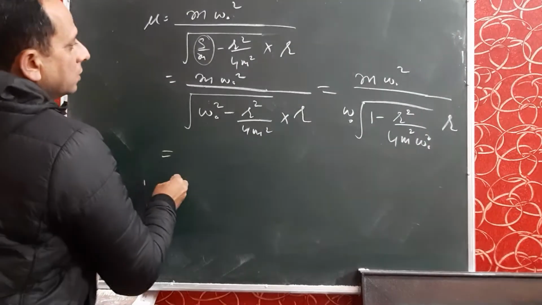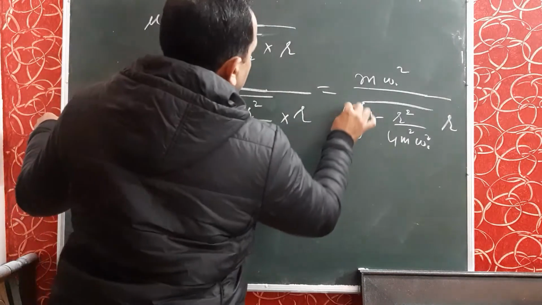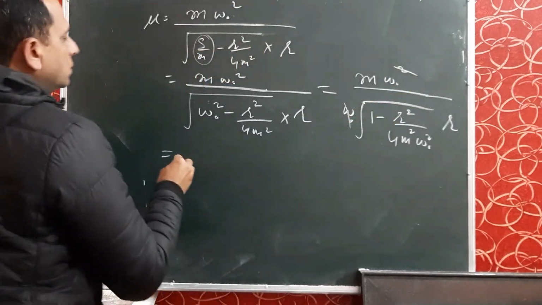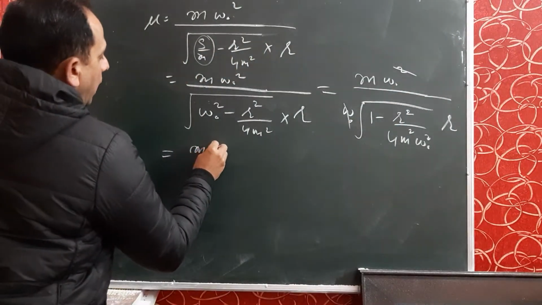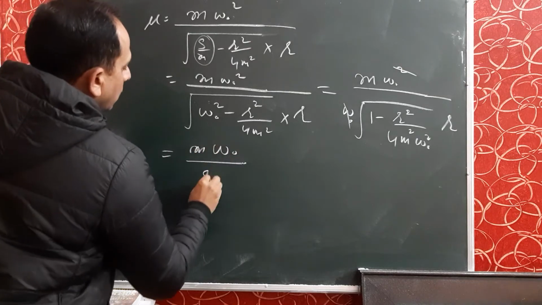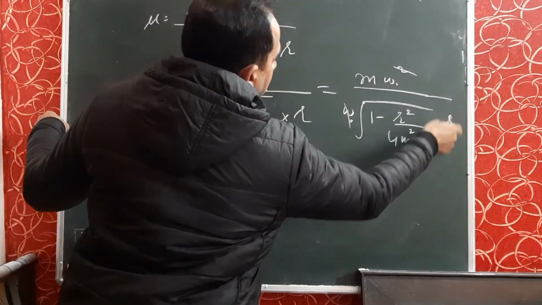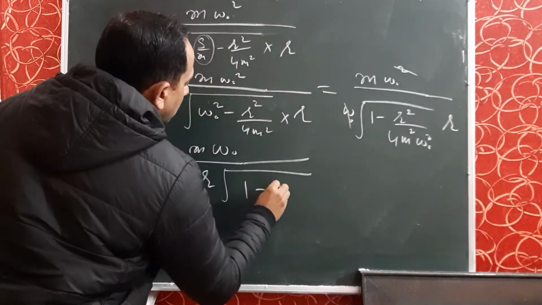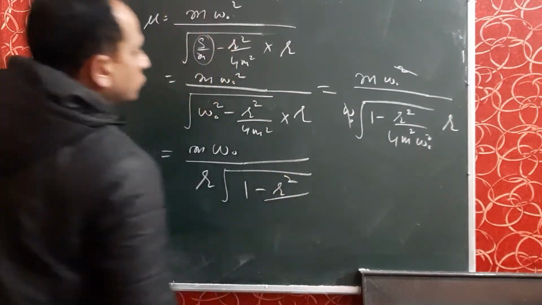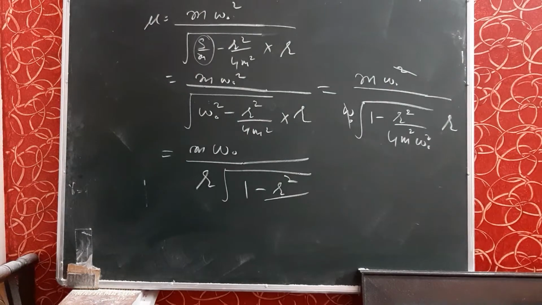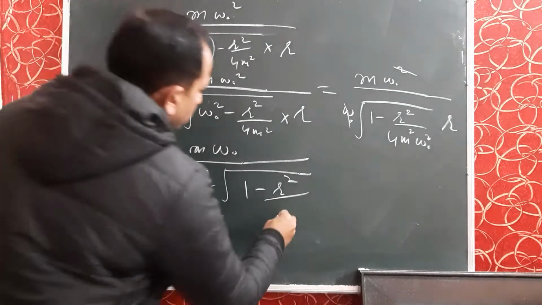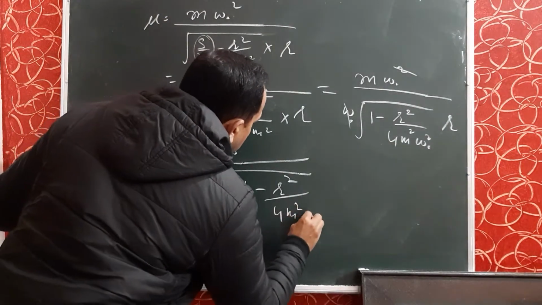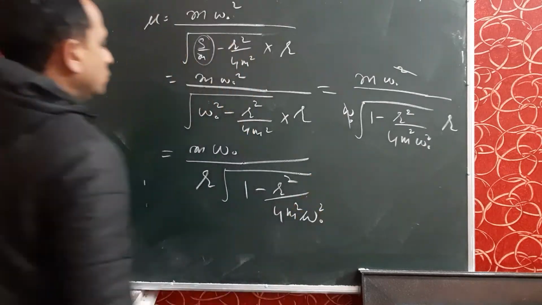Further, this omega naught cancels with omega naught, and it is m omega naught over r, because this r is outside the square root, and inside it is 1 minus r square upon 4 m square omega naught square.